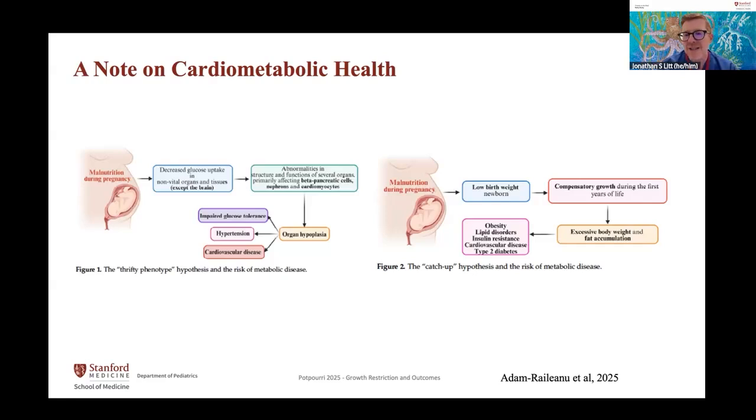There's also the catch-up hypothesis related to being born small, and then compensatory growth during the first years of life, sometimes maybe too fast, as I've mentioned, that can lead to excessive body weight and fat accumulation, and that can lead to obesity, lipid disorders, insulin resistance, and cardiovascular disease, among other chronic health diseases of adulthood.